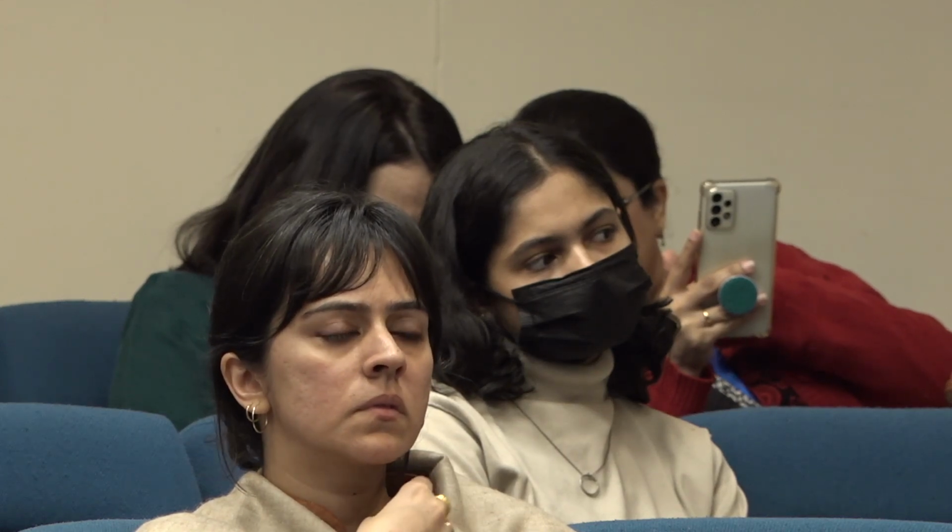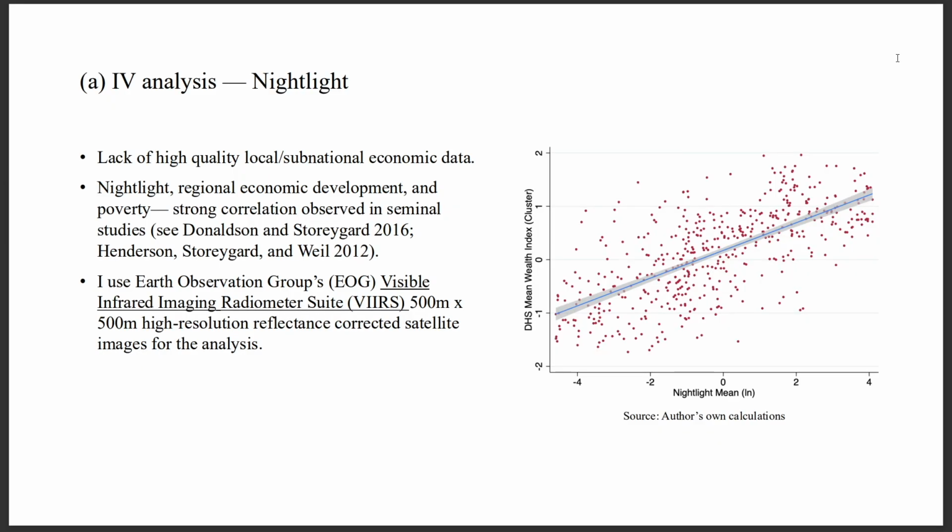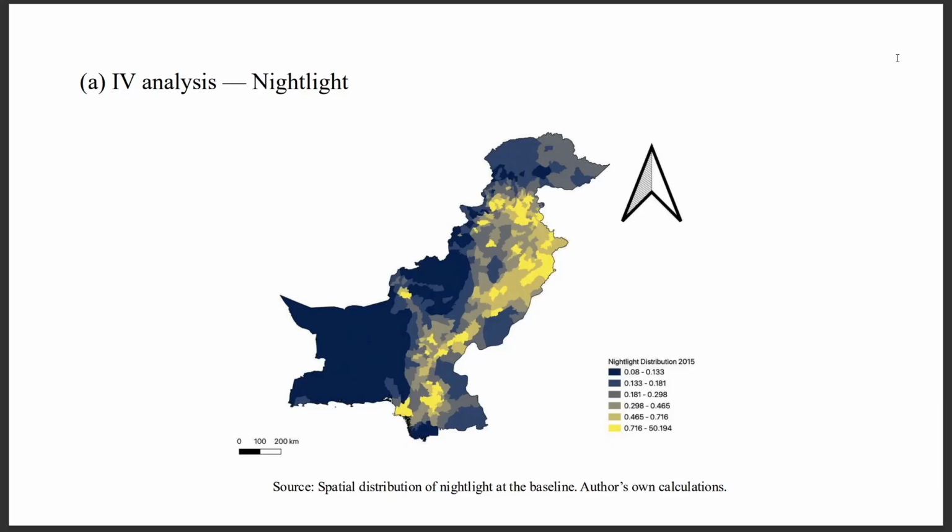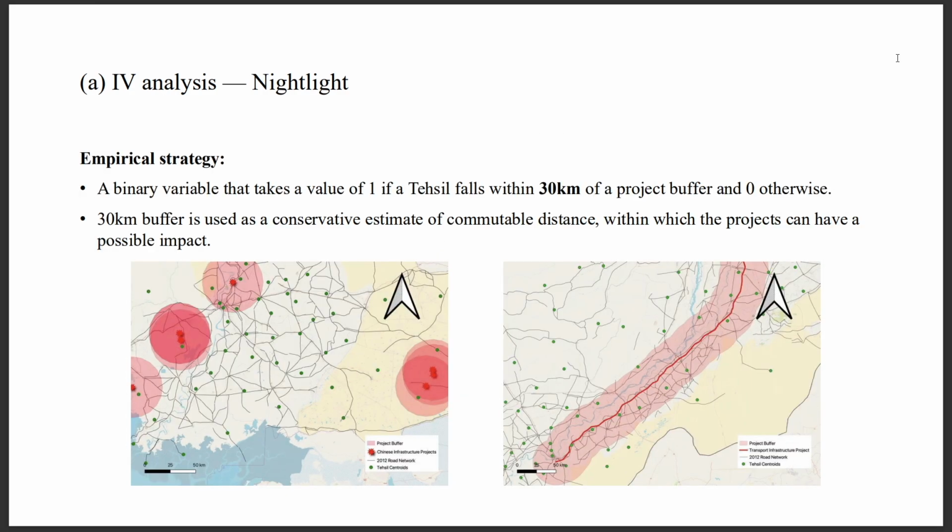So I use VIIRS, which is the Visible Infrared Imaging Radiometer Suite satellite images, to calculate the nightlight statistics. So this is the distribution of nightlight across Pakistan, just to give an overview. And this is my primary empirical strategy.